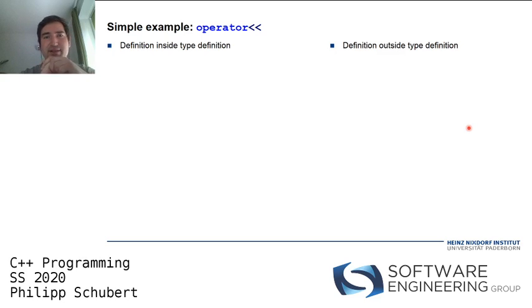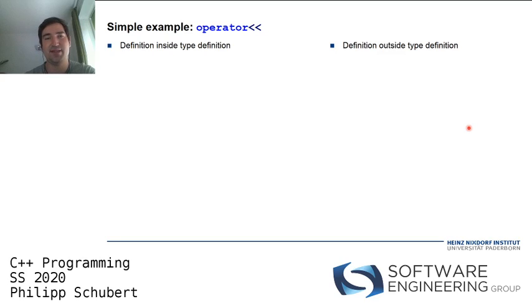So let's have a look at the operator left shift for the streaming cout variable. Some operators are kind of member function like. Some operators can be or must be a member of a certain type that you're about to define. And then there are some other operators, mostly binary operators, which can be defined inside a type or outside a type.